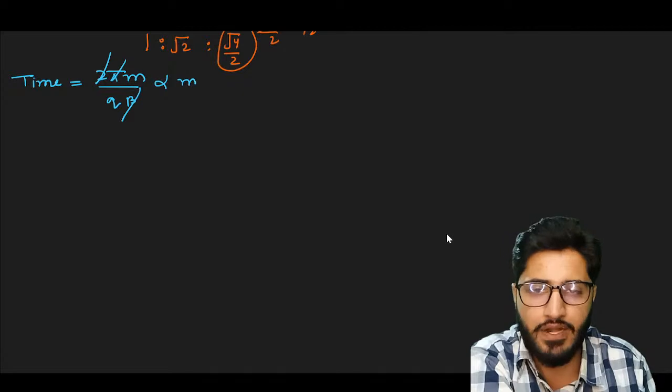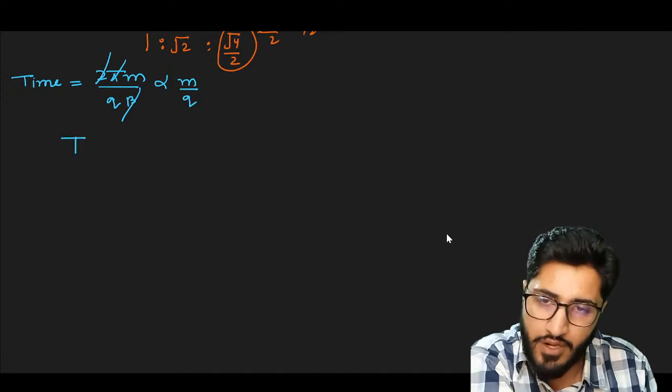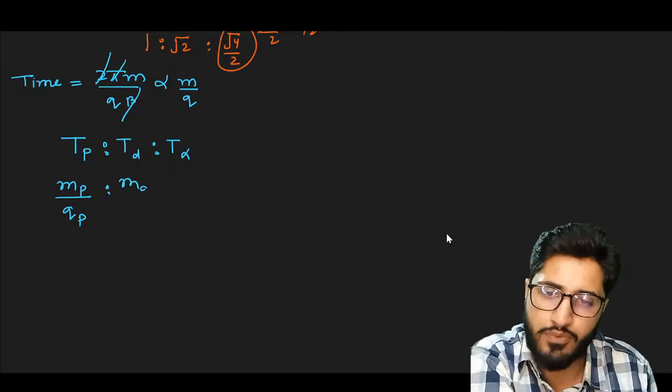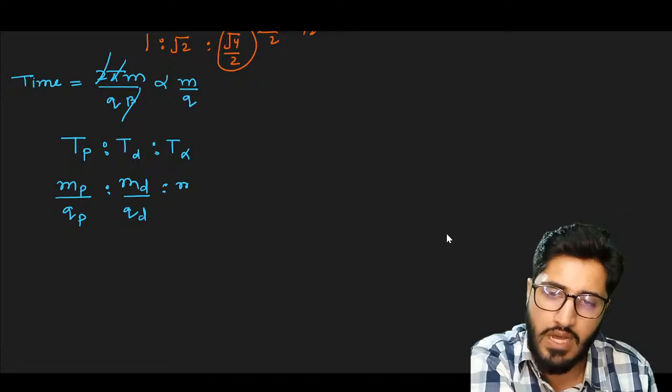I guess it depends on m by q. So the time period of proton is to the time period of deuteron is to the time period of alpha particle. I can write mass of proton by charge of proton, then mass of deuteron by charge of deuteron, then mass of alpha by charge of alpha.